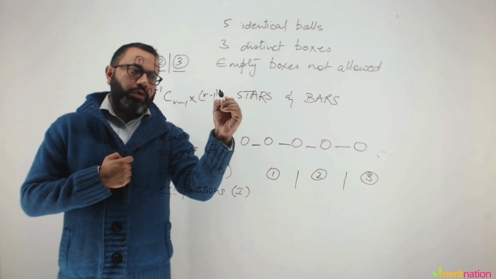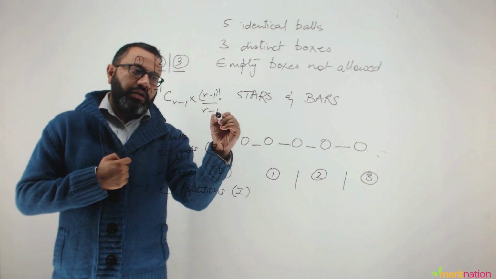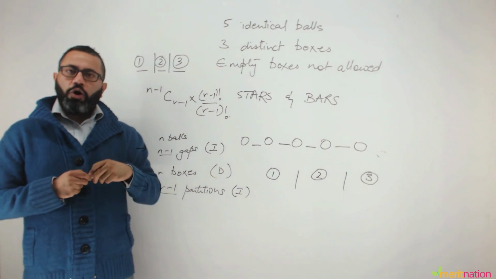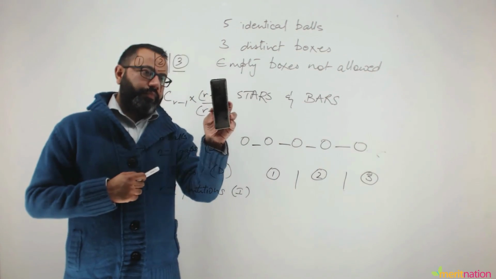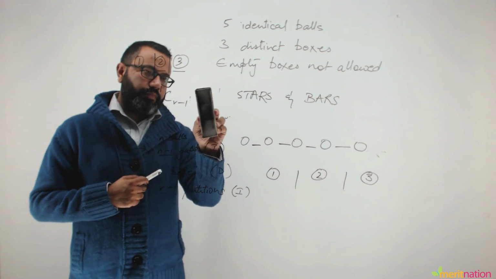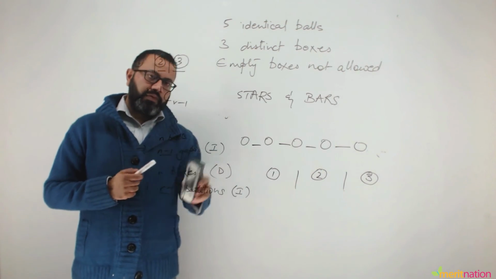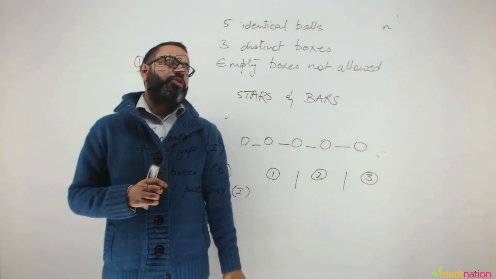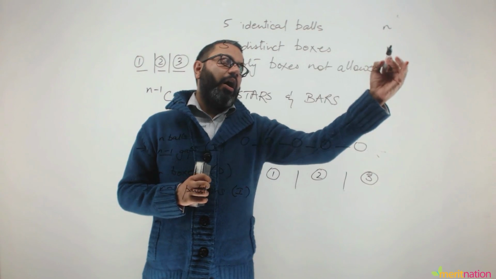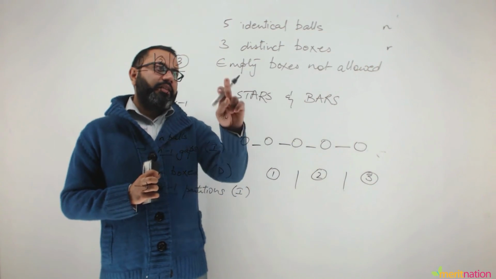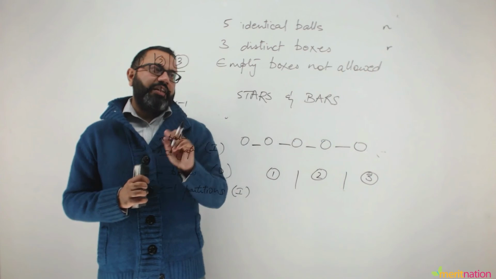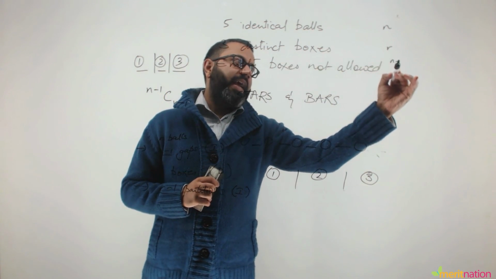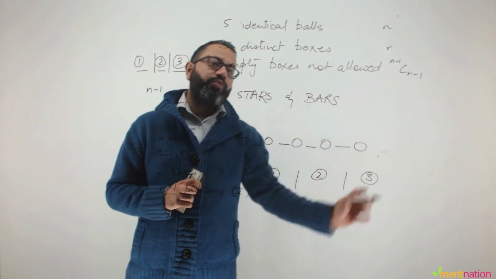That would be r minus 1 factorial, but because these are repeated, divided by r minus 1 factorial, and we can easily cancel this term out. This will always be 1. So this is what it comes down to. If you start with n indistinguishable balls and r distinguishable boxes, and if empty boxes are not allowed, then the number of ways in which these can be distributed among the boxes is simply n minus 1 C r minus 1.